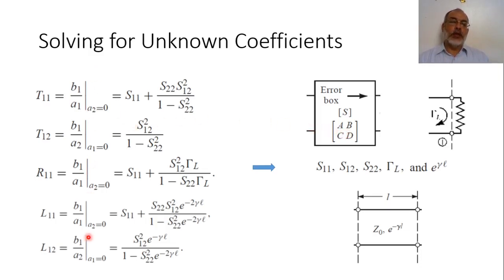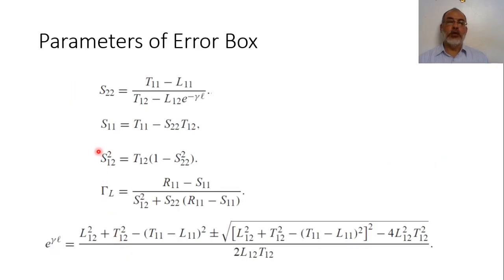By solving these 5 equations, we obtain S22 equal to T11 minus L11, which corresponds to S11 at the through minus S11 at the line, over T12, which corresponds to S21 at the through, minus L12, which is the line S12, multiplied by e to the power minus gamma L. Effectively, e to the power minus gamma L is given by this relation, which is given in terms of L11, L12, T12, T11, and so on.